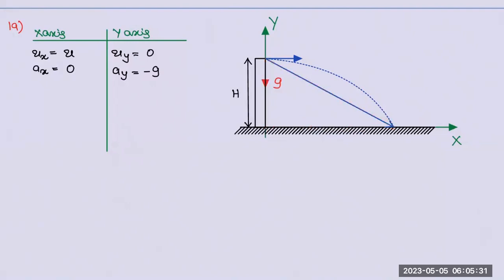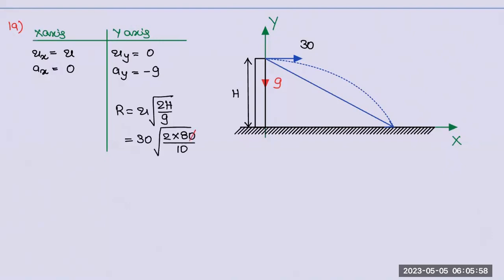So range, I'll directly take it. I use shortcut formula. Range R is equal to U into root 2H by g. I'm directly using it. What is the U value? U value is 30. So 30 into root of 2 into, what is the height? 80 by g, g is 10.